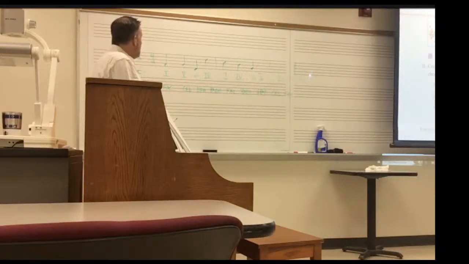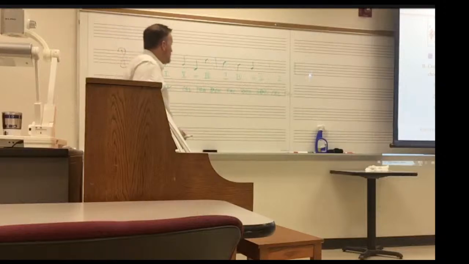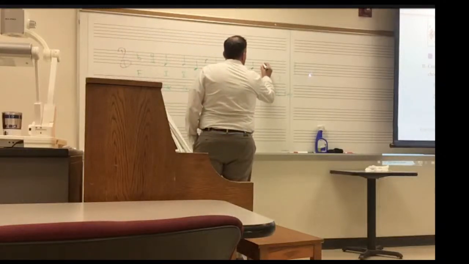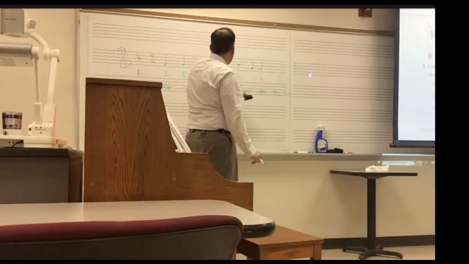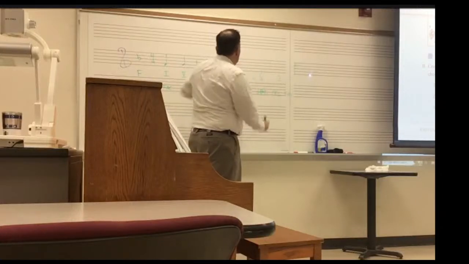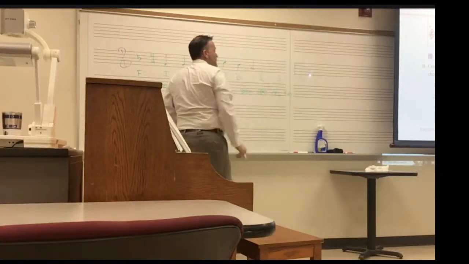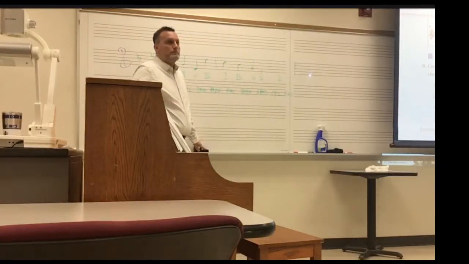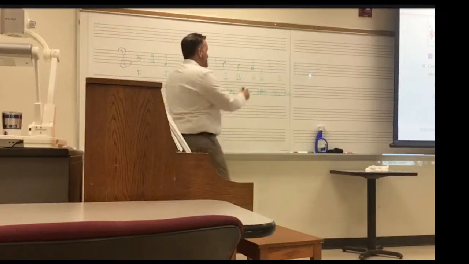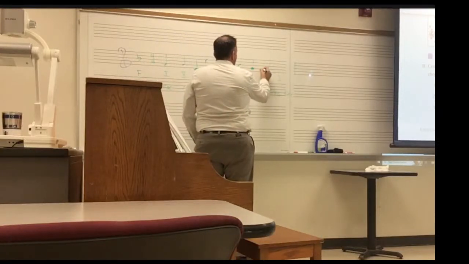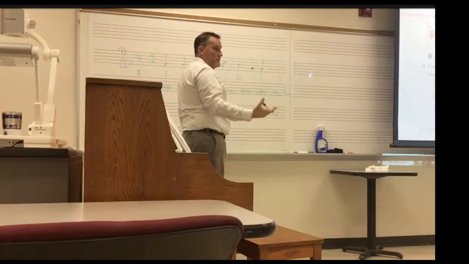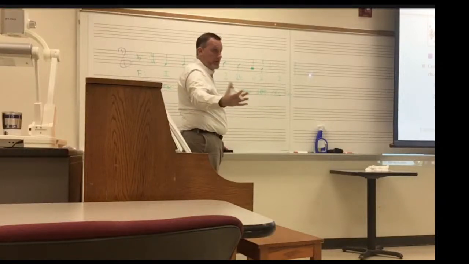I want to actually repeat the G from here. Now here, we could also do that, because it would be the same as doing this, except we're not re-articulating the G. Or if you wanted to do a tie, that would be the same thing.